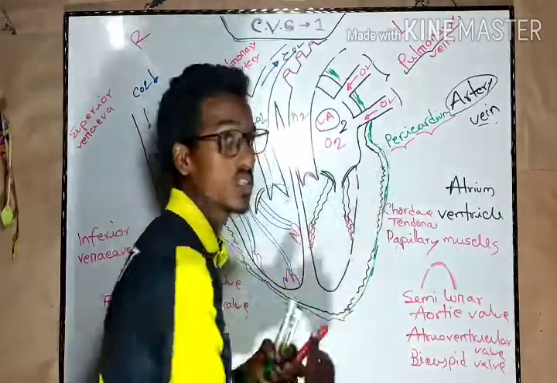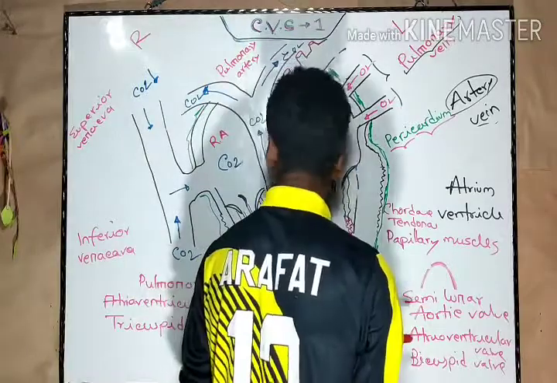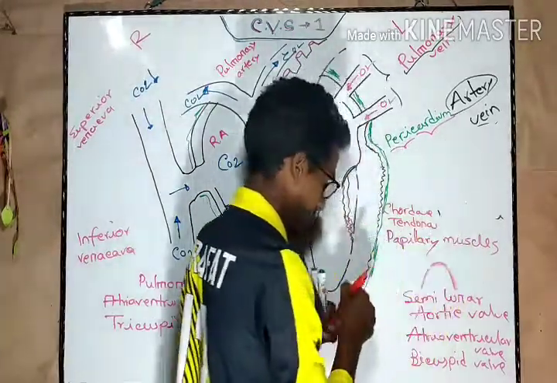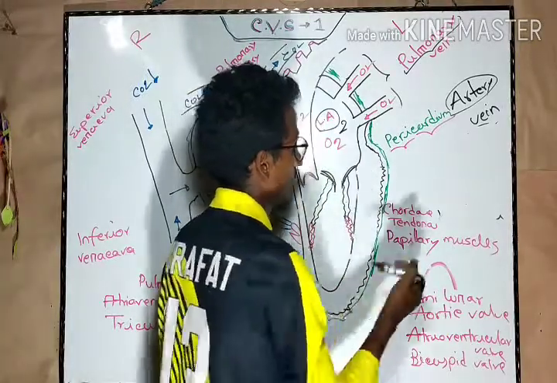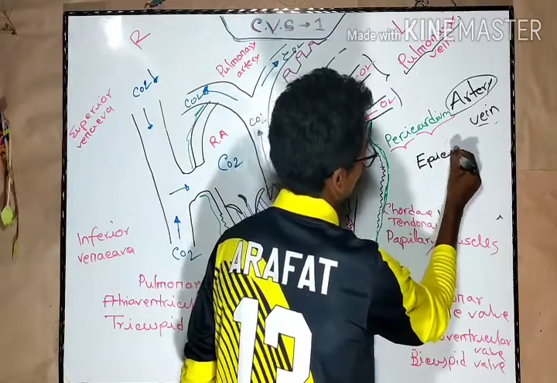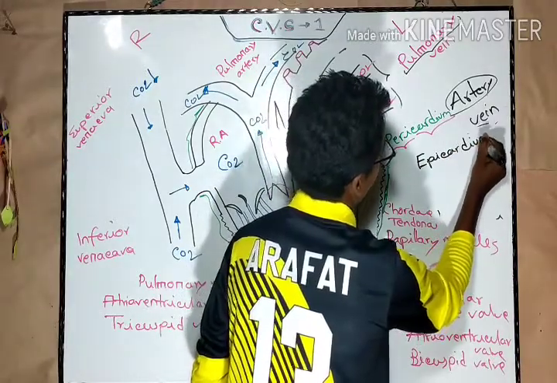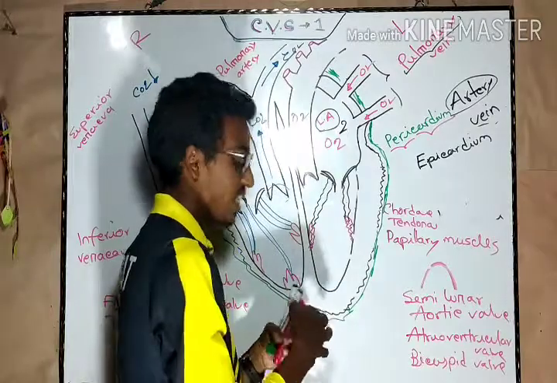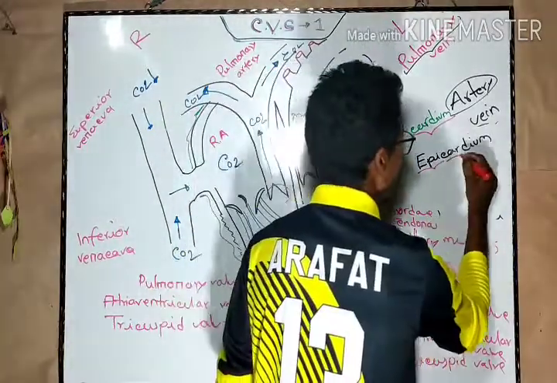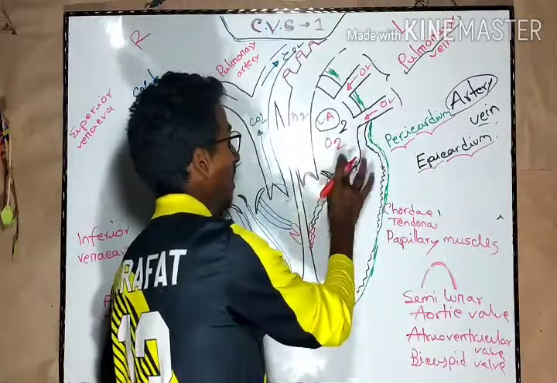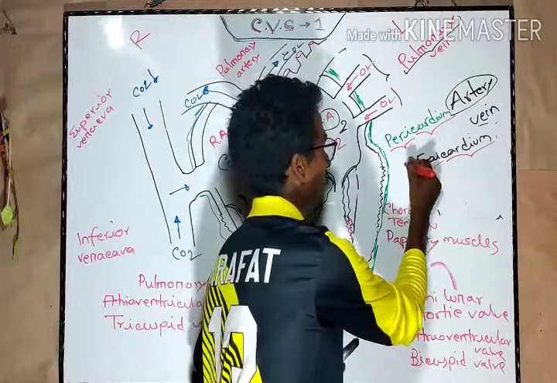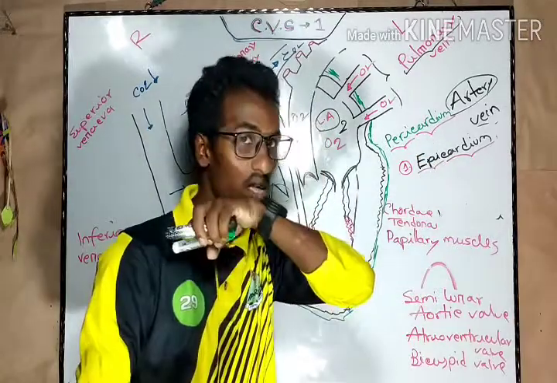Epi relates to the outer part and cardium relates to the heart. So the outer layer of the heart is called the epicardium. This is number one, the outer layer.